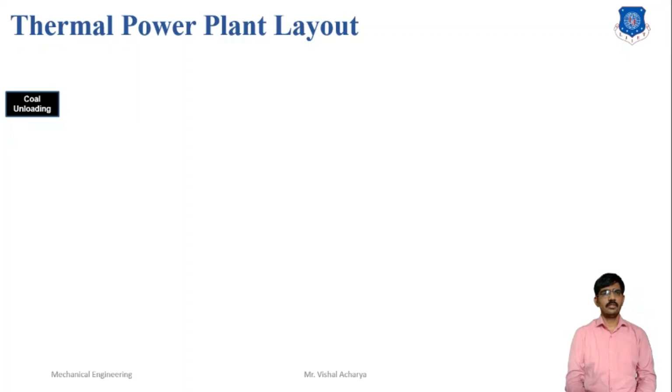Then coal is transferred to coal preparation or coal storage. Coal preparation is required for combustion. The coal is delivered in the form of big lumps, but we require pulverized coal, so coal preparation is a necessary step for coal combustion.